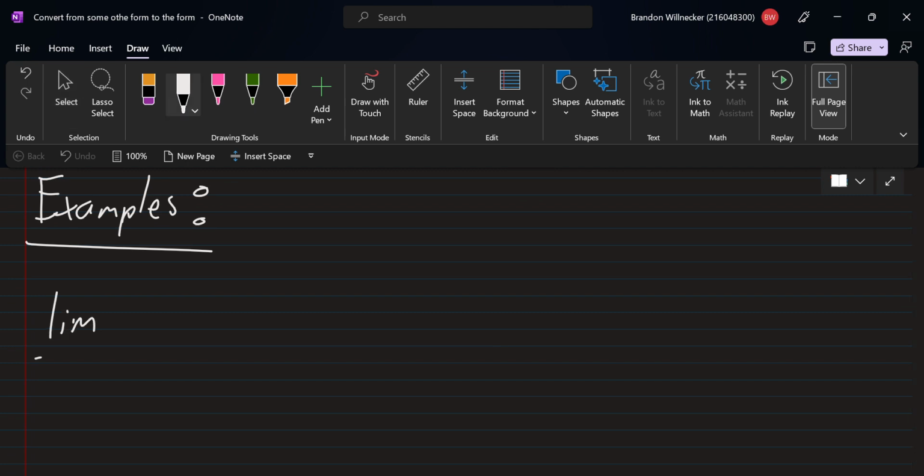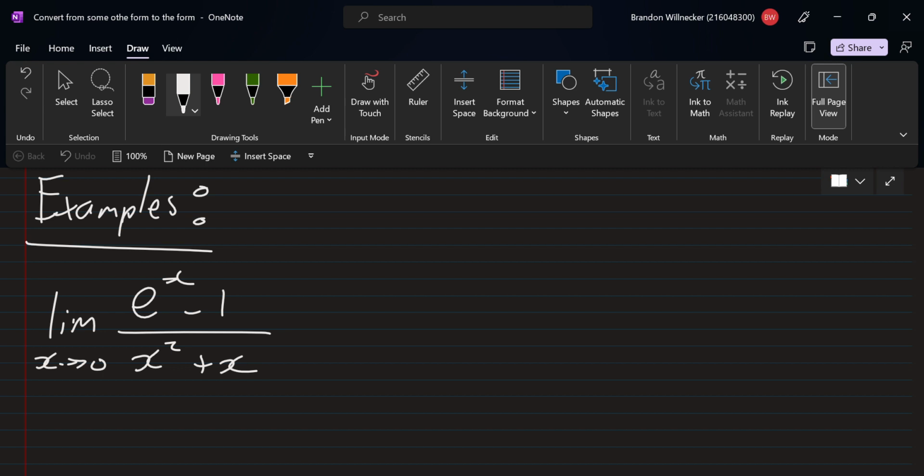So we have the limit as x approaches 0 of e to the x minus 1 over x squared plus x. What do we have here? We need to look at the top and the bottom separately to see what kind of indeterminate form we have.